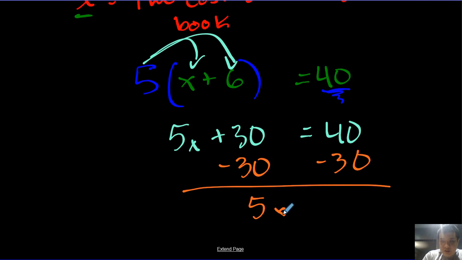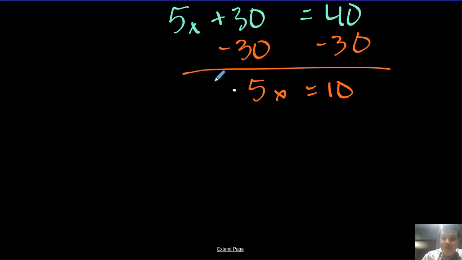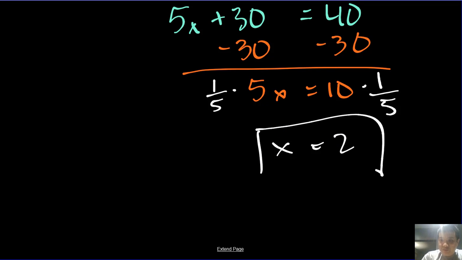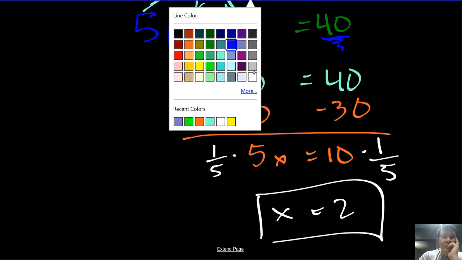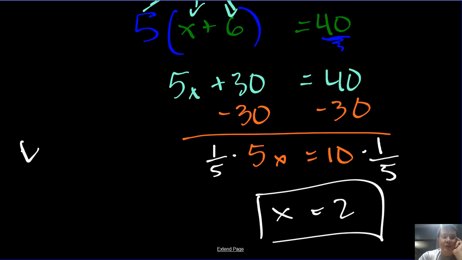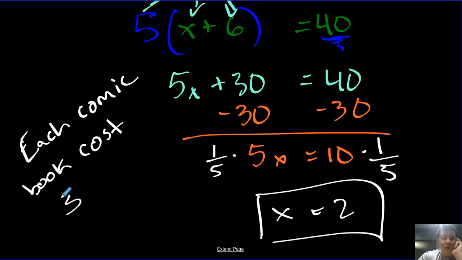We get 5x equals 10. Multiply both sides by 1/5, or divide by 5, however you think about it. X equals 2. So that means that each comic book costs $2. Again, remember that I want all your answers in a sentence.